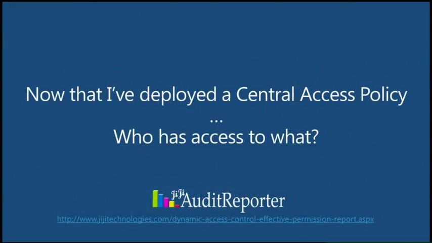But of course, then the question becomes, now, how do I know exactly who has access to what? Because even if I tell you, central access policy, you know what's going on. You can identify how files are classified, etc. Somebody will still come and ask, so who has access to my information now? And you'll go and try and figure this out. There are many ways of figuring this out.